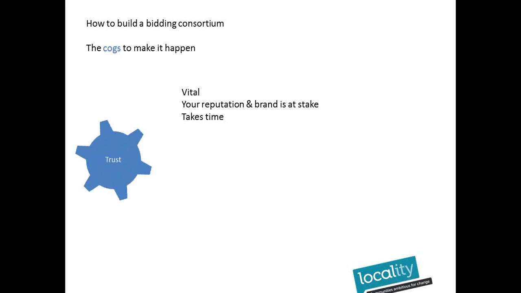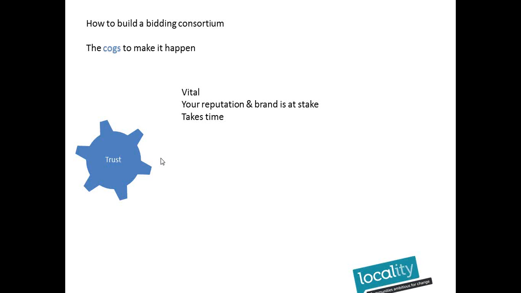Now, trust is important, and if you're working with organisations you don't necessarily know, how do you help build that trust? Well, often people fall back on and rely on partnership agreements and contracts as a way of underpinning that, but it is really important that trust is built throughout the process, and that often can take time. That may be a process of a series of meetings, it may be informal meetings.